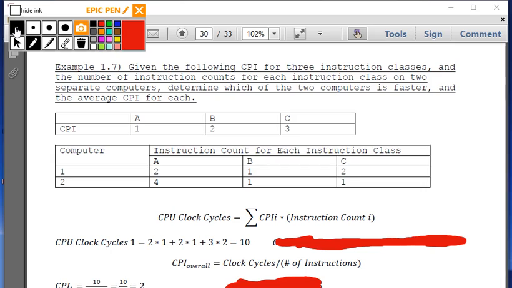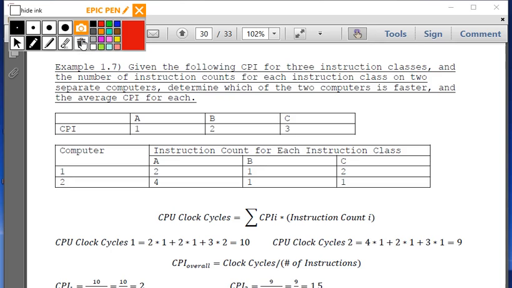So 4 times 1 is 4, plus 1 times 2, so that's now 6, plus 3 times 1, which is 9. And now what do we do? Divided by 4 plus 1 plus 1, so that's 9 over 6, which is 1.5. Good job, you got the right answer.